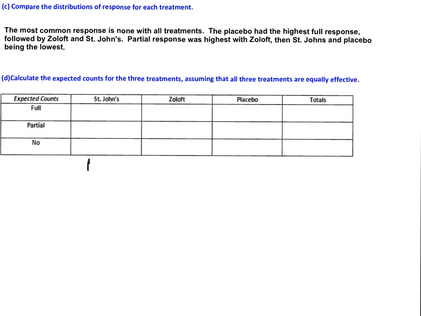These are just being copied down from above. 113, we had 109 patients that took Zoloft, 116 that took the placebo. The study involved 338 patients total. 91 reported a full response, 55 a partial, 192 none.